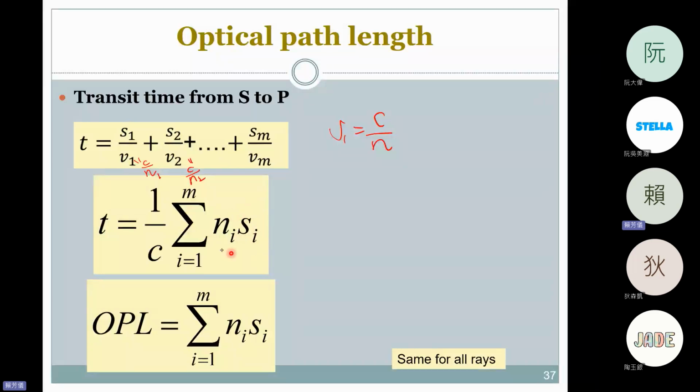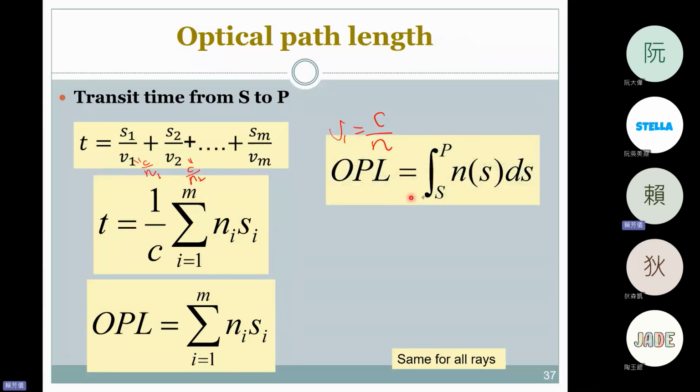Okay, so this one we call the optical path length. You can imagine that the light still uses C to travel in the material, but the path seems to change to N multiplied by S. This is what we call the optical path length.